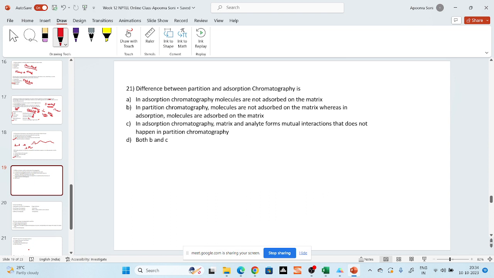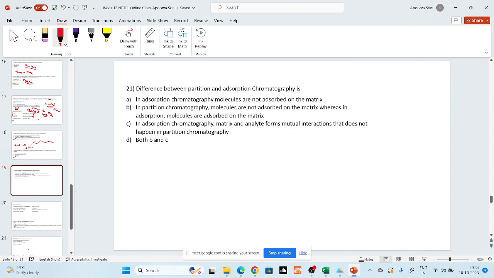In adsorption, matrix and analyte form mutual interaction that does not happen in partition. Both B and C. Which is the correct answer? Ma'am, both B and C. Yes, both B and C is the correct answer.